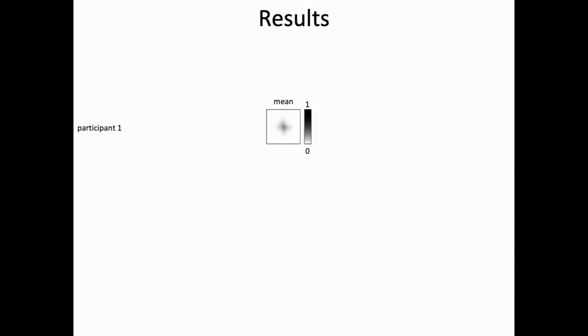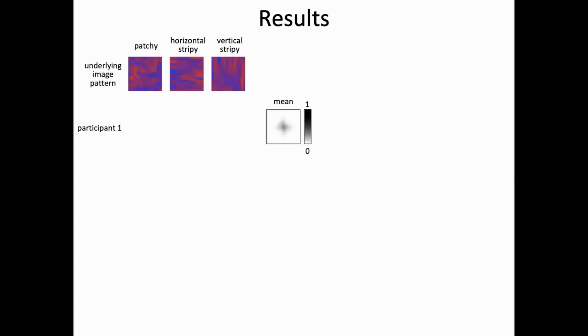Shown here is the normalized density map of revealing locations pooled across all trials in the active revealing phase for participant 1. For each of the 3 patterns, we compute the normalized density from trials that use that pattern of underlying images and subtract the mean from it. Then we obtain these difference maps.